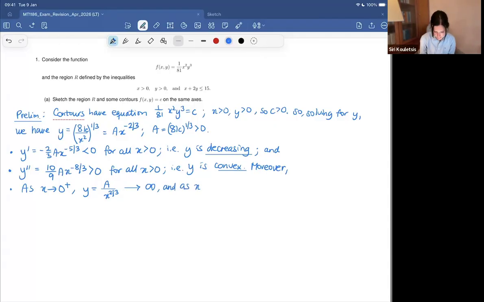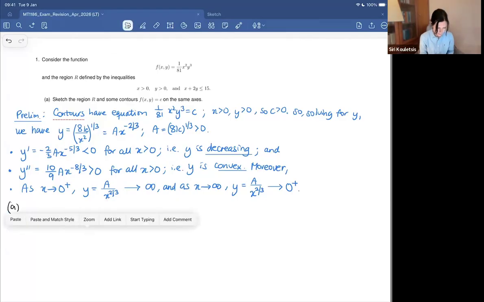And what happens as x gets larger and larger? Well, then we can see that y goes to 0 from above. And now we are ready to sketch. So that will be the answer to part A.